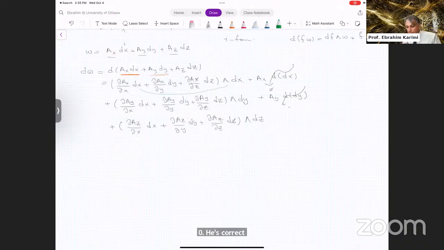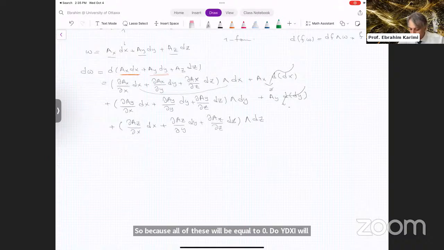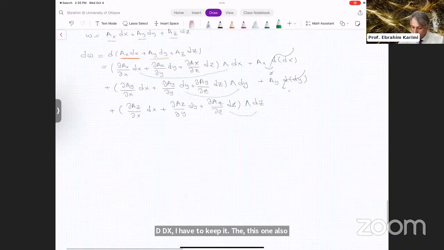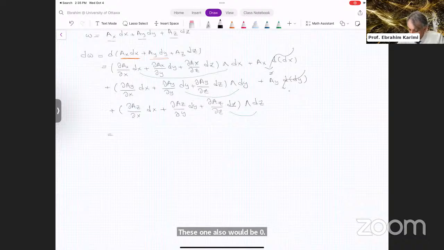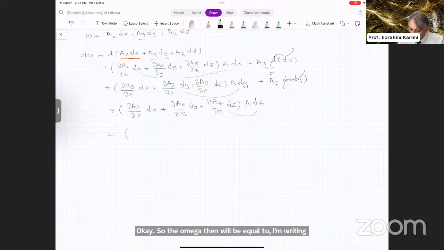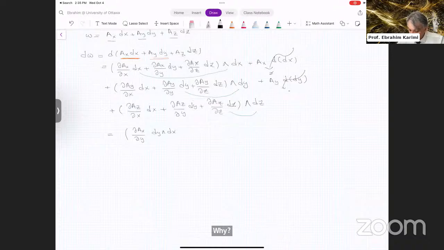So the result of these will be equal to 0. dy wedge dx, I have to keep it. dz wedge dx, I have to keep it. This one also will be 0. This one also will be 0. Okay, so d omega will then be equal to, I'm writing the expansions: the derivative of Ax with respect to y dy wedge dx from the first one.